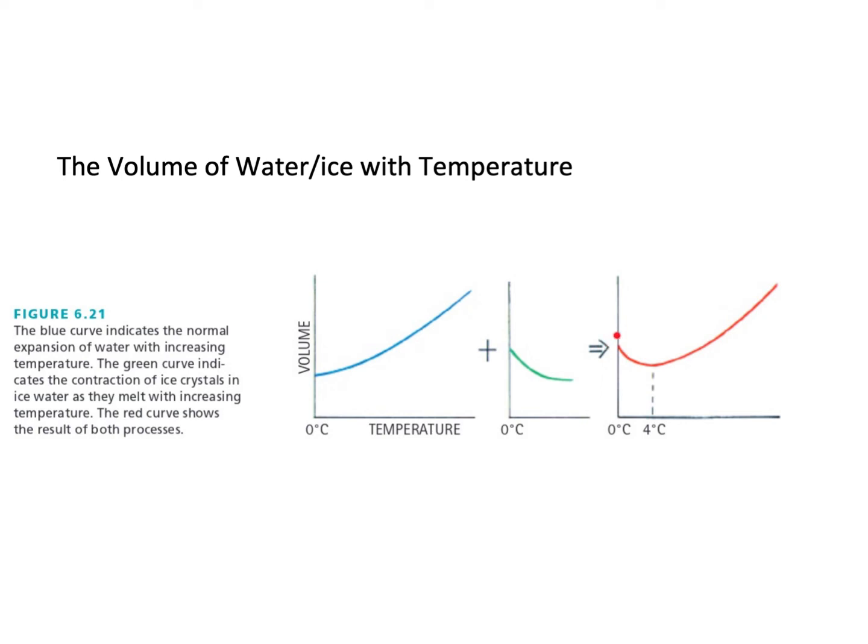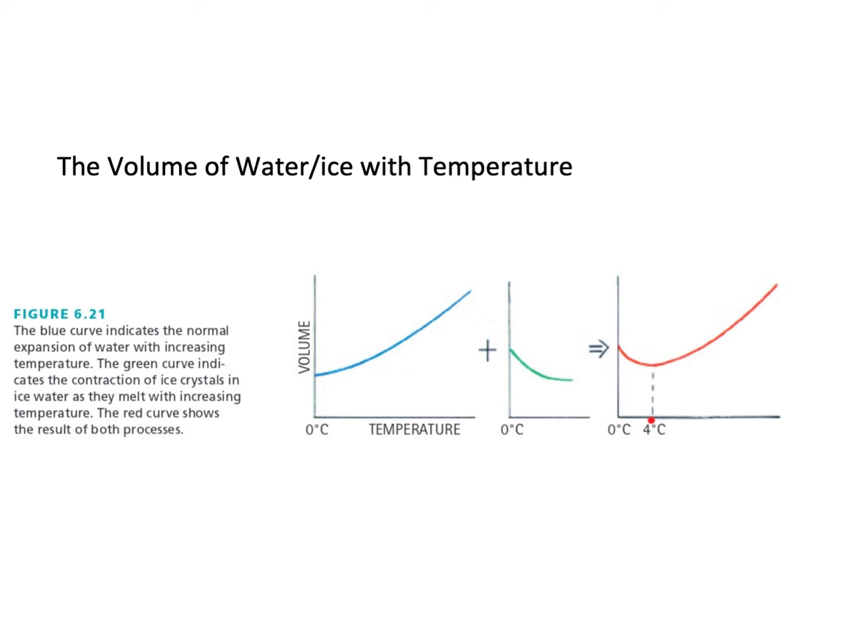And so you can see that at 0 degrees I've got ice, and as I melt the ice and convert it into water, the density actually decreases. And at 4 degrees Celsius, that's the smallest volume of water, the highest density.